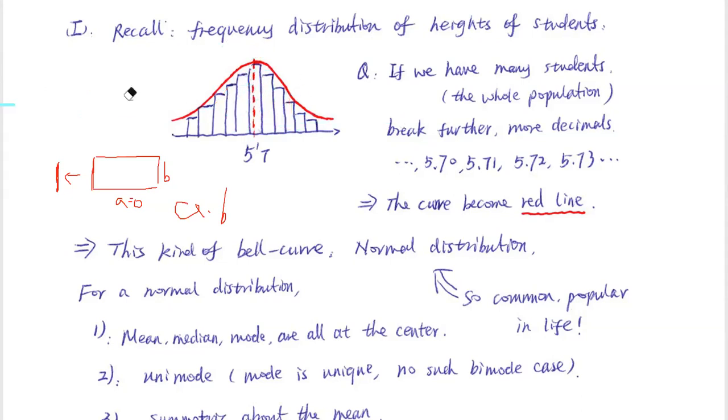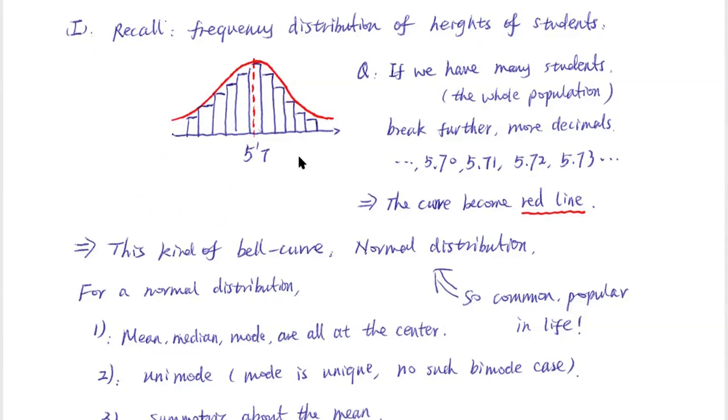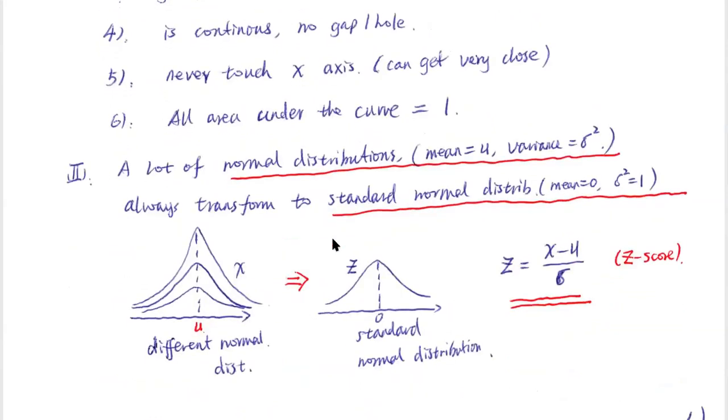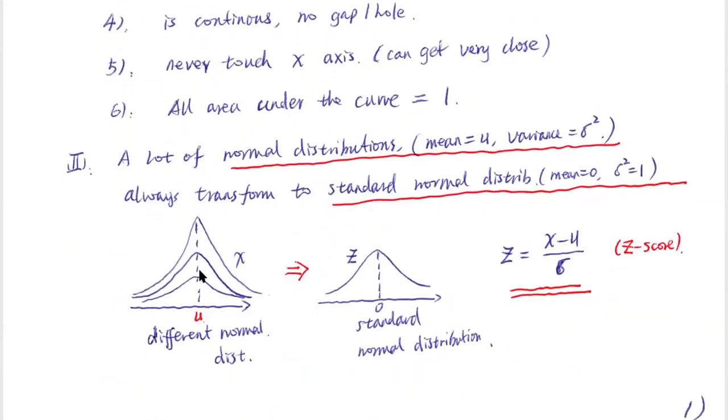Now, let's continue here. Second part: we have so many bell-shaped forms. For example, the weight of each of us, when we put them together, is a normal distribution. The height of each of us, when we plot them, follows a normal distribution.